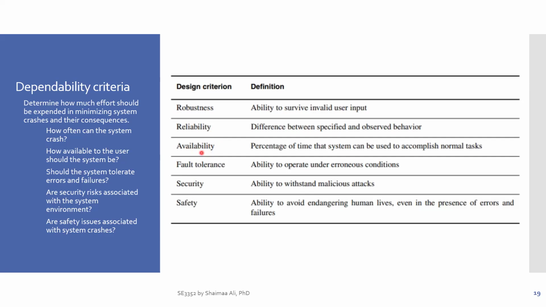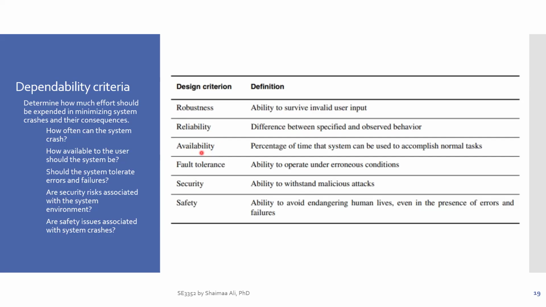Availability is how much the system is available. The opposite of availability is downtime. It depends from system to system; this is a very critical criterion in some systems and not as critical in others. If you're creating a system in a hospital, for example, availability is very critical.